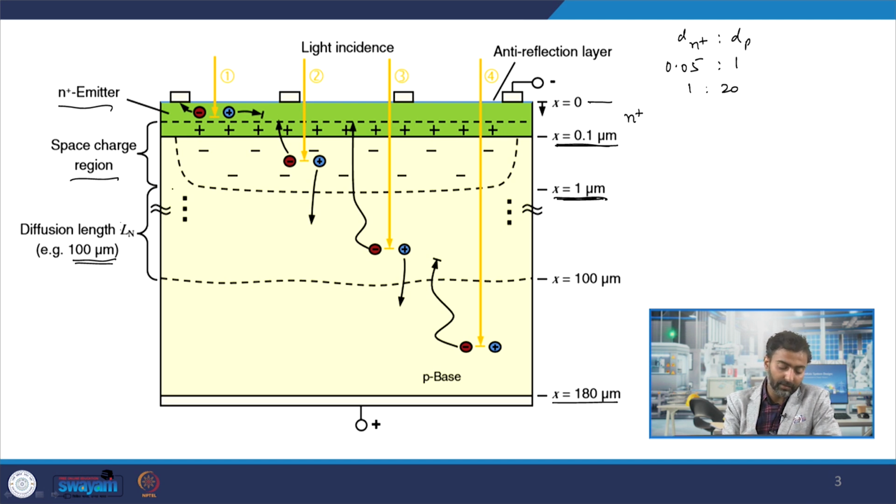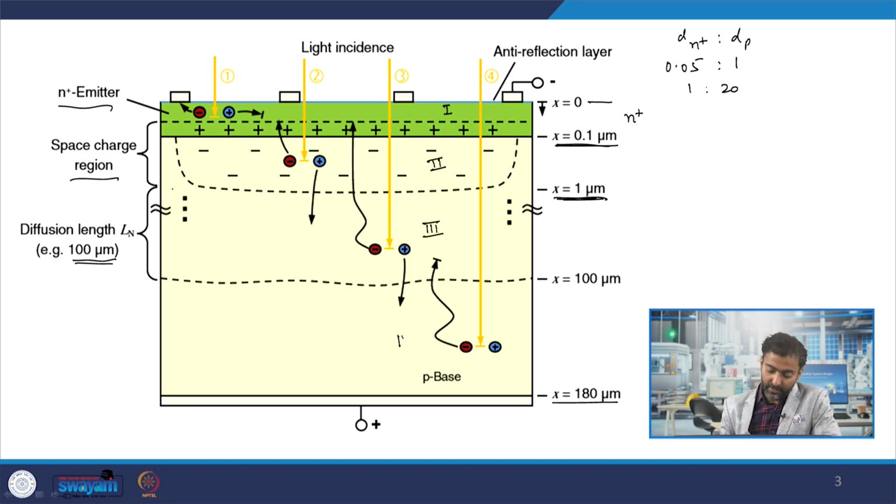So, there are these 4 regions of the solar cell. The first region is this n plus emitter before the space charge region. The second region is the space charge region itself. The third region is up to one diffusion length below the space charge region, so almost of the order of 100 micrometer below the space charge region.